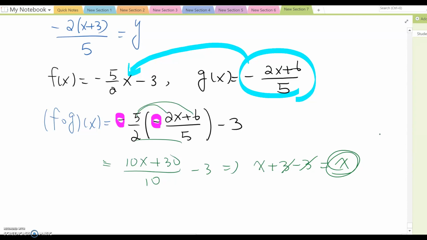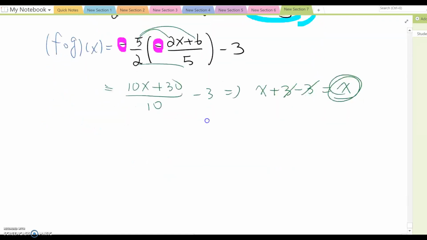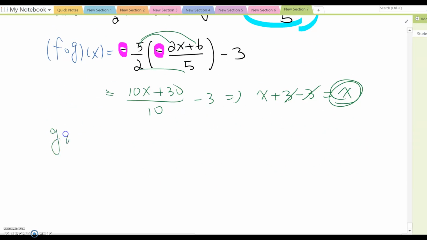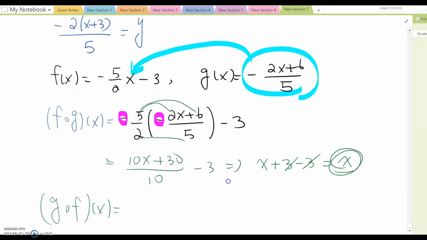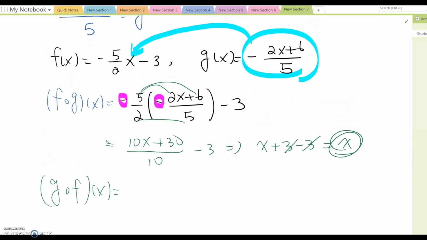Let's try to find g of f(x) again. So g of f(x), which means you are plugging f(x) into g(x) right here.